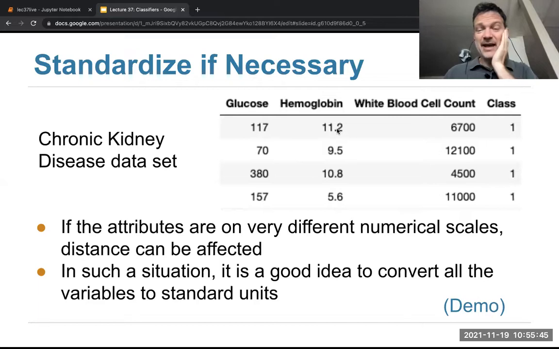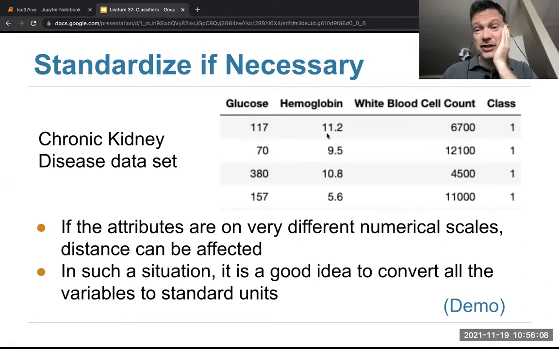But if I want to do that, I have to figure out how much that weight should be. How much larger should I make it so that these are going to have about equal influence? A good way to figure out what those weights should be is that they should be proportional or inversely proportional to the variability in that column. And how do you measure the variability in a column?